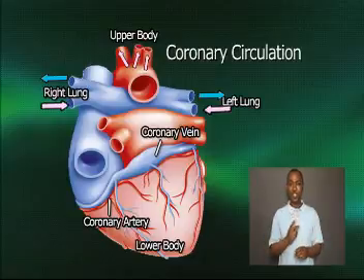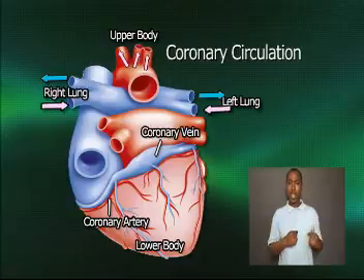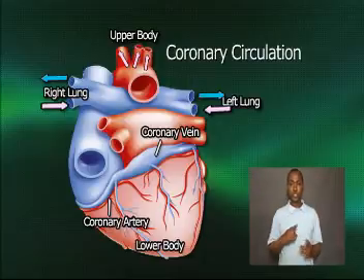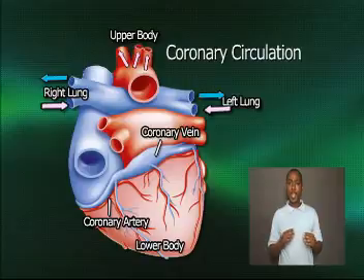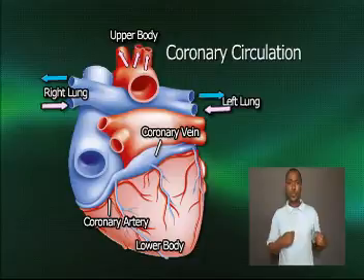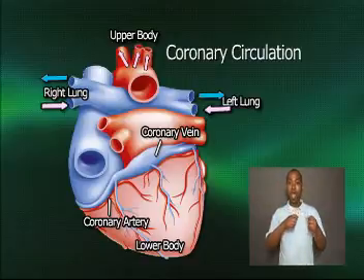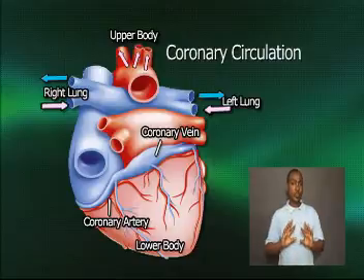The circulation of blood through the heart is just one part of the overall circulatory system. The vessels that deliver oxygen-rich blood to the heart muscle are known as coronary arteries. The vessels that remove the deoxygenated blood from the heart muscle are known as coronary veins.